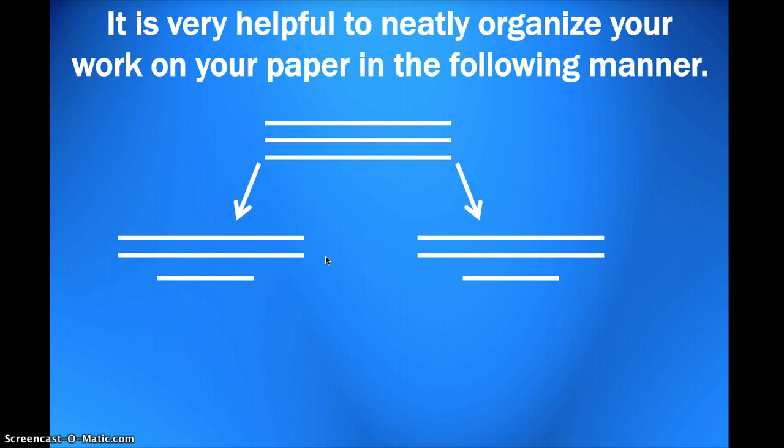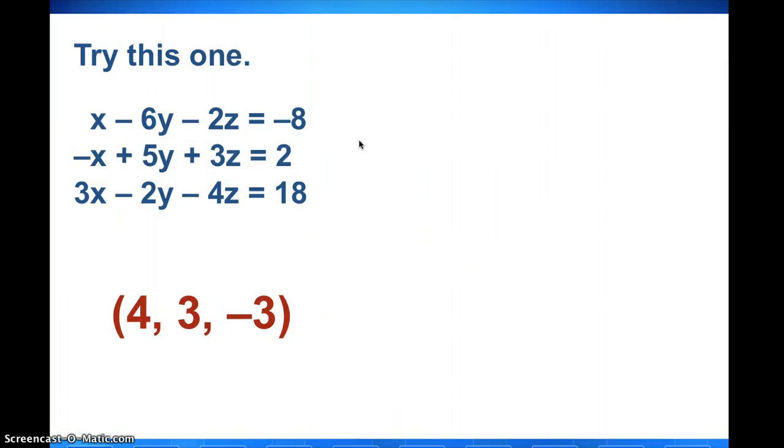Once you have done that, you will have just two equations, and then solve those remaining just like how you solve problems in solving systems of linear equations with two variables. Then you will get the two variables. Once you do, you go back to the original equation and replace them with your two values. Okay, x, y, z. Now try this one.